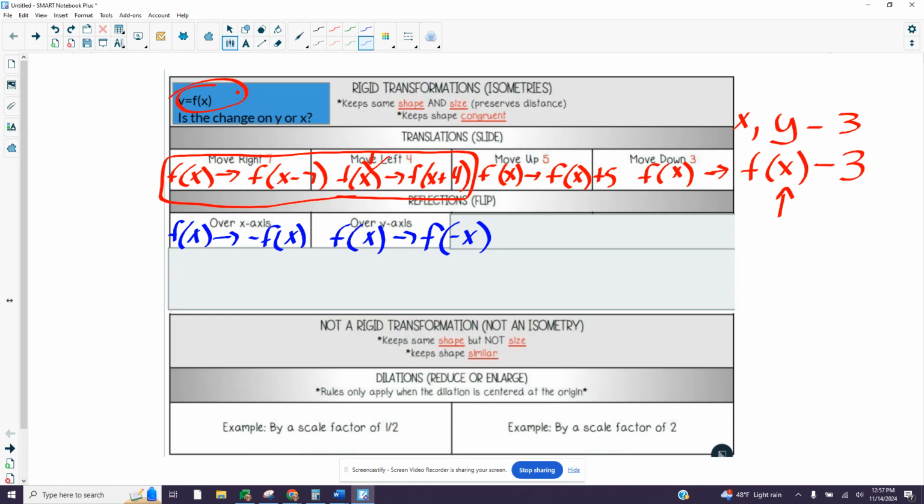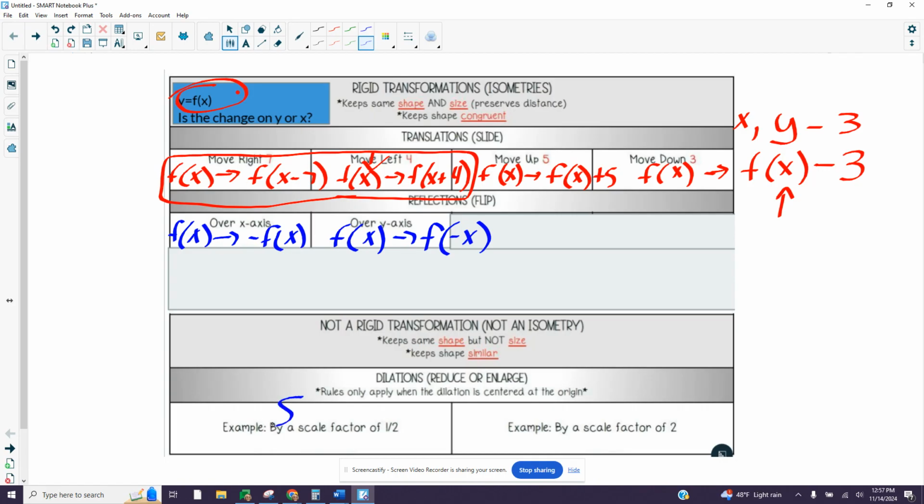All right, now let's talk about the dilations. The dilations are a little bit confusing the way they're worded based on the ordered pair to the function. So when you have a scale factor of 1/2, that is causing your ordered pairs to reduce. But your graph is going to be stretched.